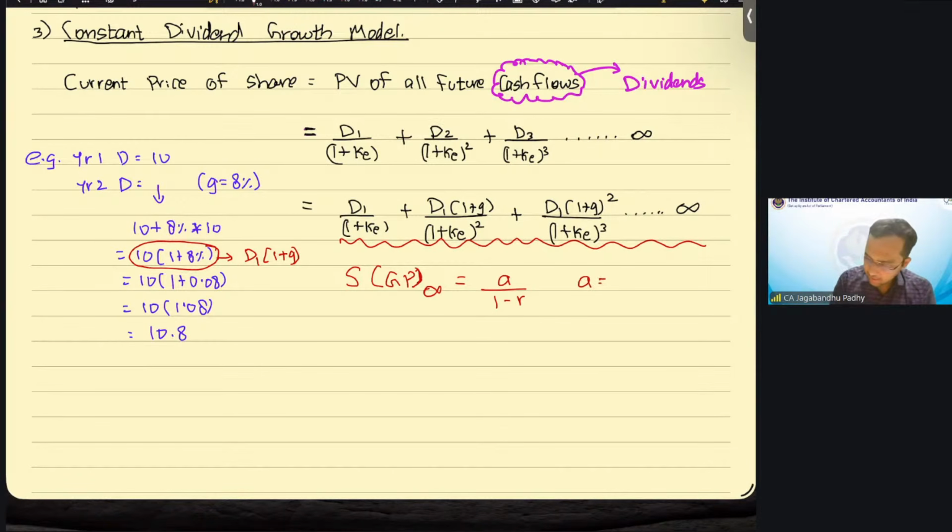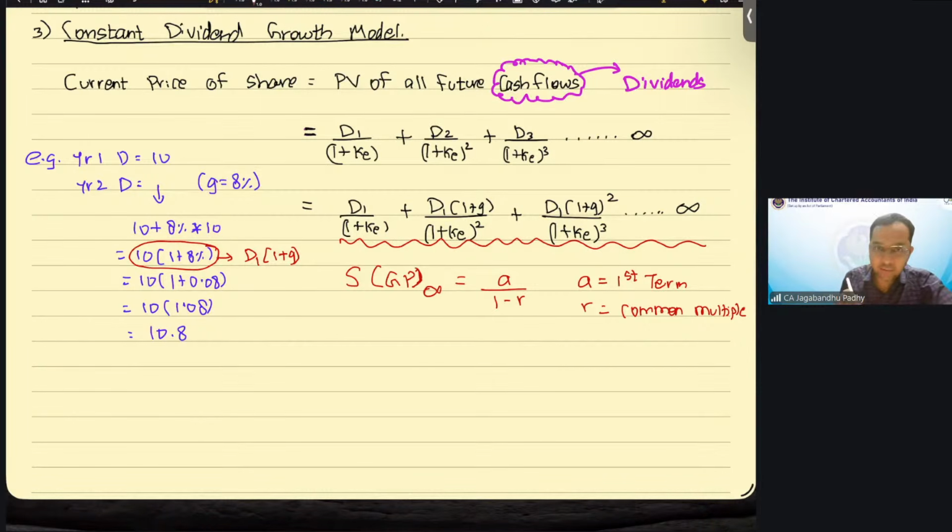So what is A? A is the first term and R is the common multiple.